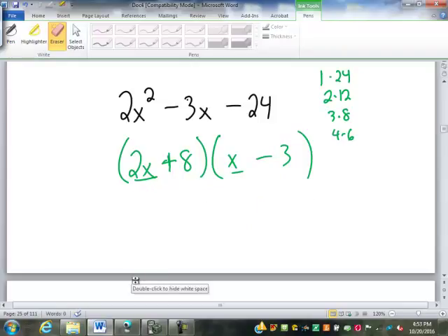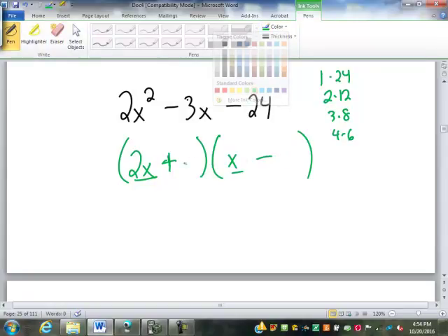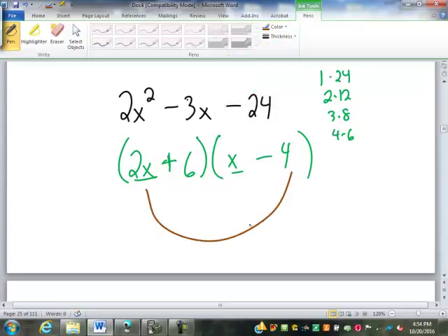Any other suggestions? 4 and 6. Let's try it. I'll put the 6 here and the 4 here. 2x times negative 4 is negative 8x. 6 times x is 6x. Gives us negative 2x.